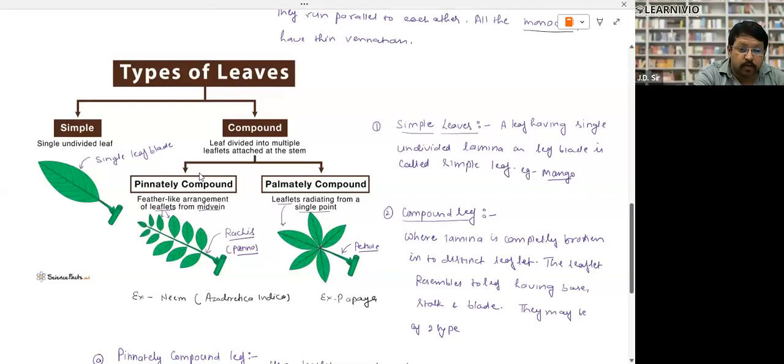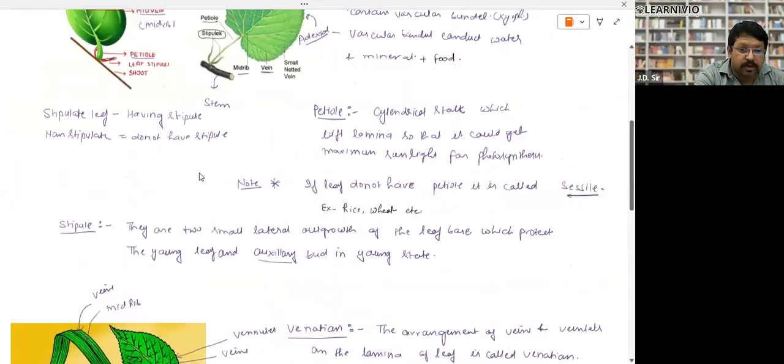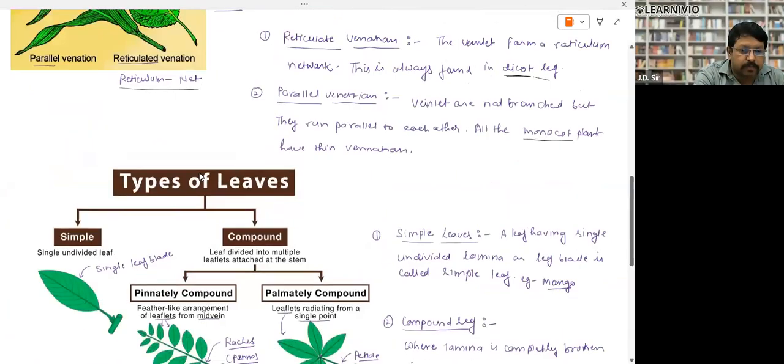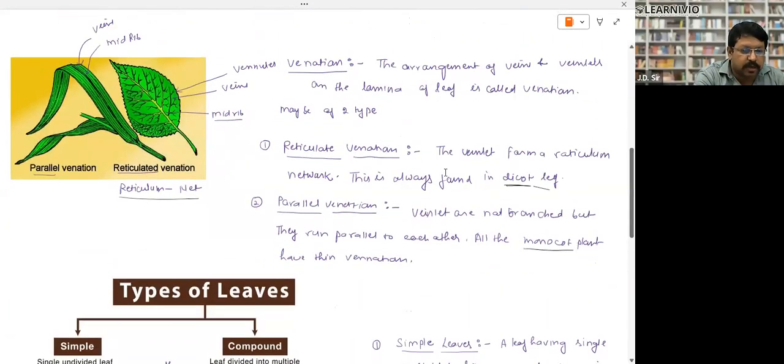Types of leaf. There is one more very important thing which is not mentioned over here. Let me mention it.